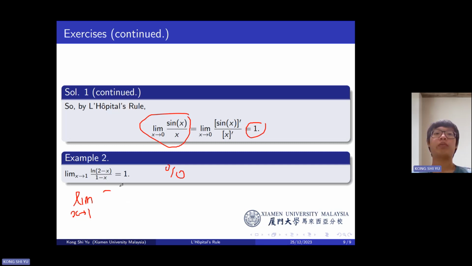We get minus 1 over 2 minus x for the derivative of the numerator, and the derivative of the denominator is quite easy: we obtain negative 1. Then after some cancellation and substitution, we get 1 over 2 minus 1, which is equal to 1.